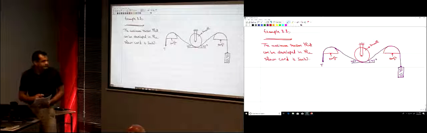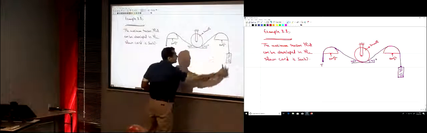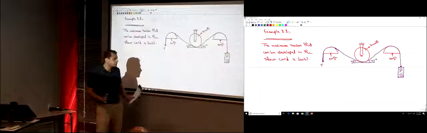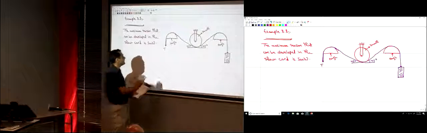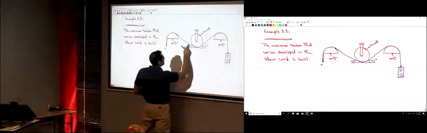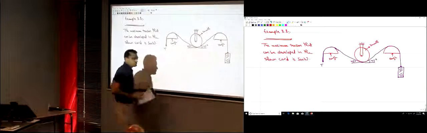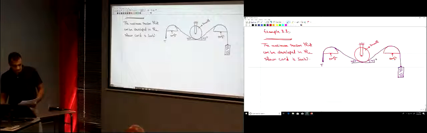Okay? It's the same chord. It goes like this. The maximum force that it can be in this chord is 500 newtons in any given segment. Okay? How many segments do we have? We have this part, and then here, here, here. Each part of those, the maximum force that it can hold is 500 newtons. Okay?